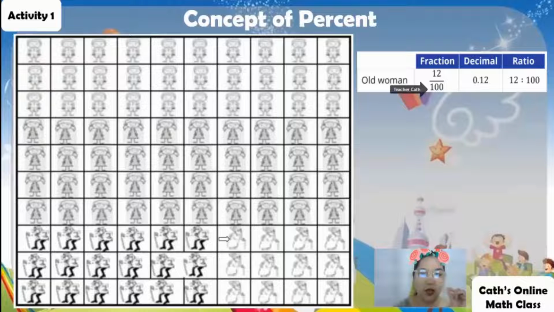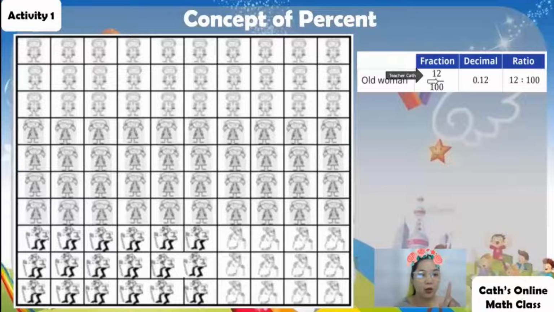Let us count. 1, 2, 3, 4, 5, 6, 7, 8, 9, 10, 11, 12. So there are 12 old women in this whole chart that is composed of 100. That's why our relationship, if we make it into a fraction, will be 12 over 100.